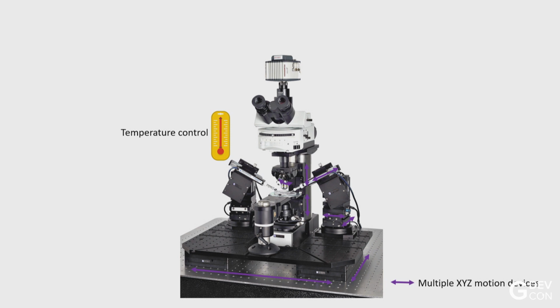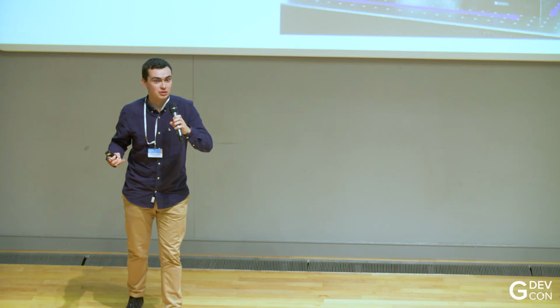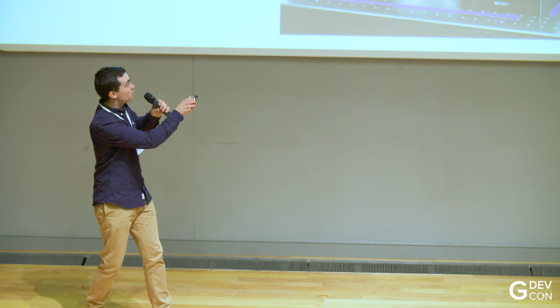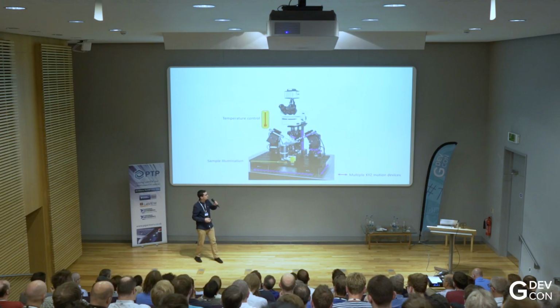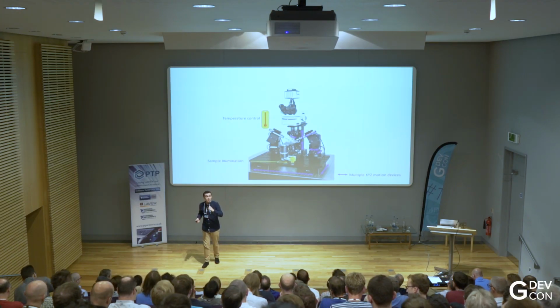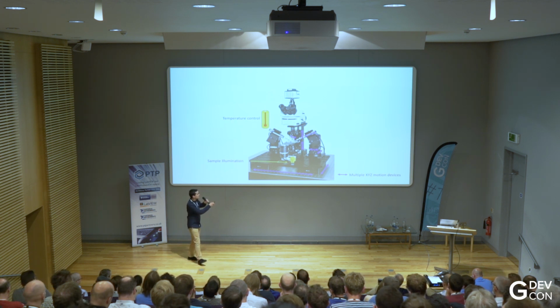Now, depending on our sample and the type of neuron we are using, we need to carefully control the temperature on our sample plate here. And then there's two types of light source that we use. The first is illumination, so how we actually see our sample.